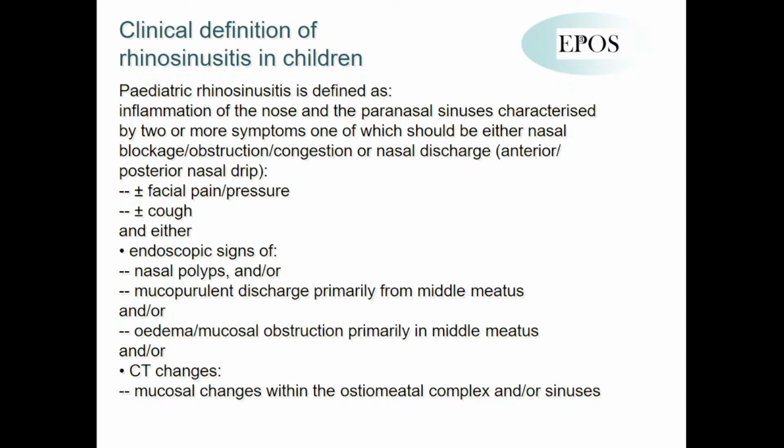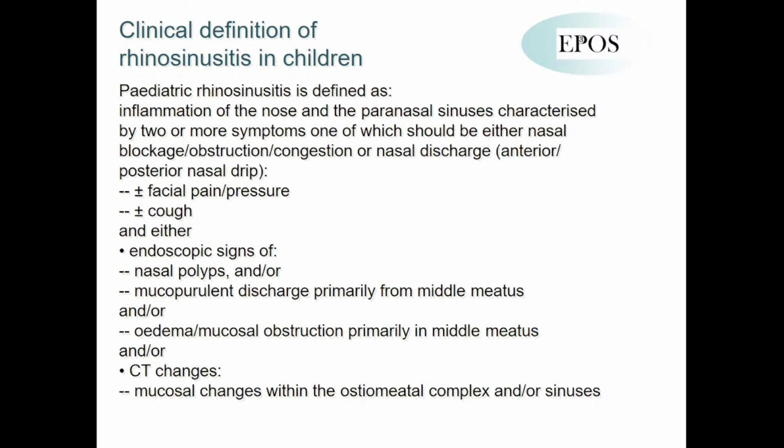The clinical definition of rhinosinusitis in childhood is mostly the same. It is defined as inflammation of the nose and the paranasal sinuses characterized by two or more symptoms, one of which should be either nasal blockage, obstruction, congestion, or nasal discharge, anterior or posterior nasal drip; facial pain, pressure; cough.